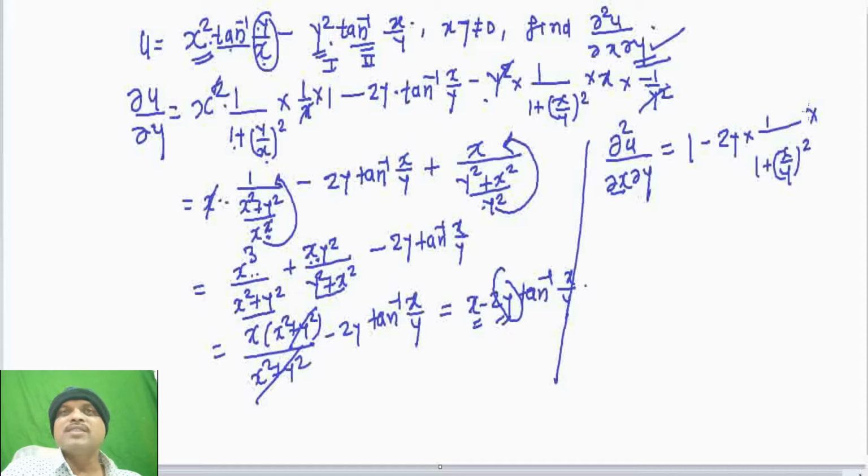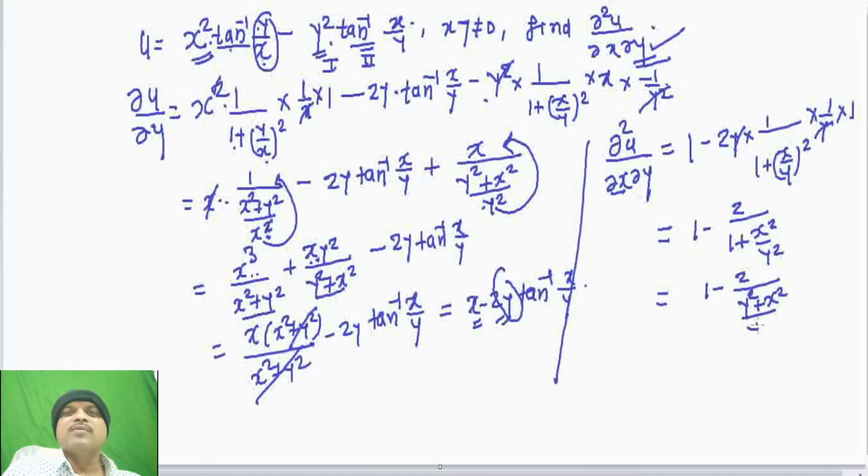So 1 by y is a constant term as it is, and the derivative of x is 1, equal to 1 minus this y and this y get cancelled, minus 2 divided by 1 plus x square divided by y square, equal to 1 minus 2 divided by y square plus x square divided by y square.